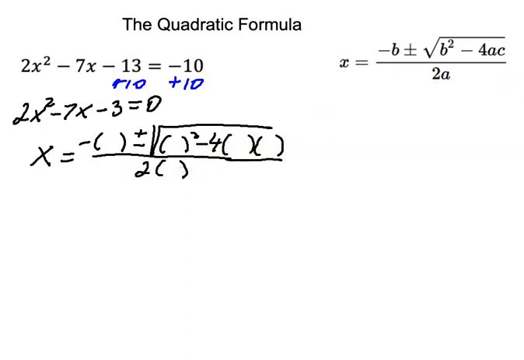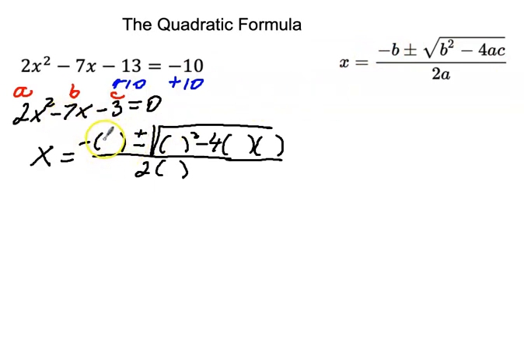Now what I want to do is label. So this is a, b, and c. I want to label the coefficients, and this is the reason why we want to have the equation in standard form.